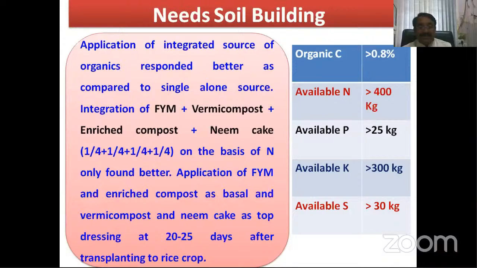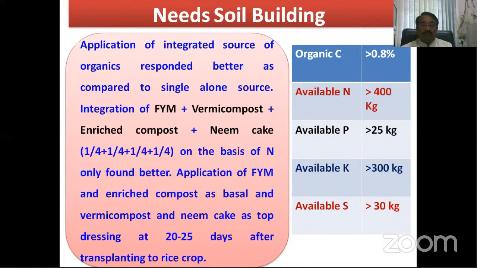Neem cakes and other cakes are also responsible for controlling some insects and termites, and they are a very good source of nutrients too. So don't be confused with the integration: it is integration among the organic sources, keeping in mind the C:N ratio of the source you are using.